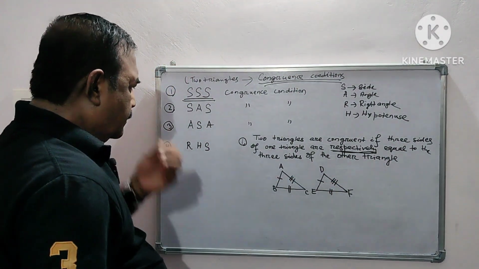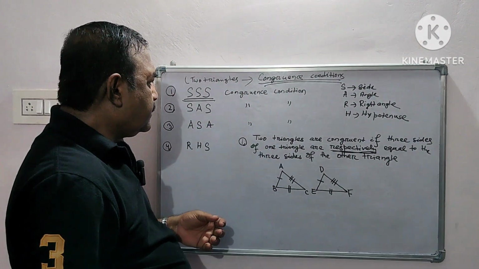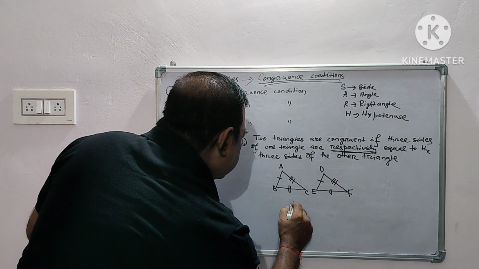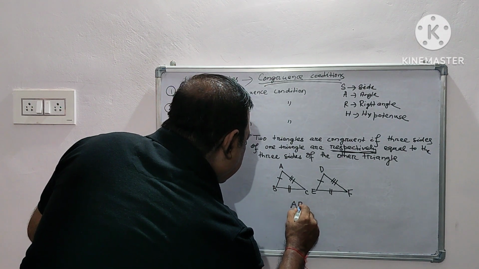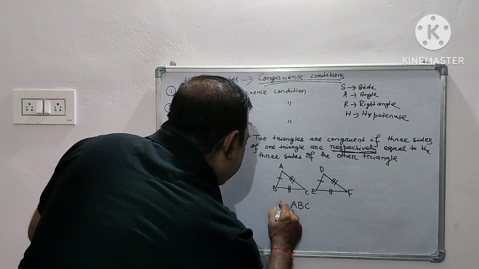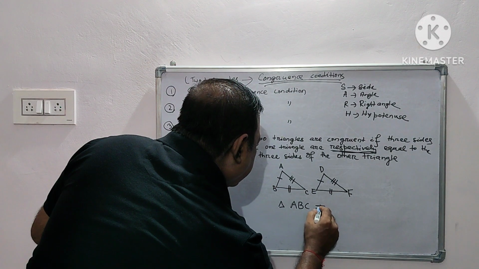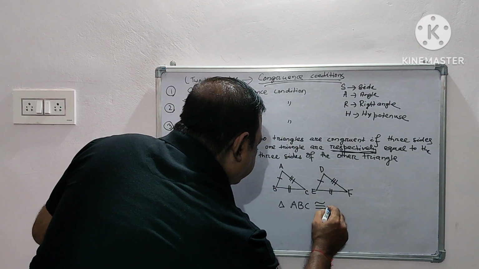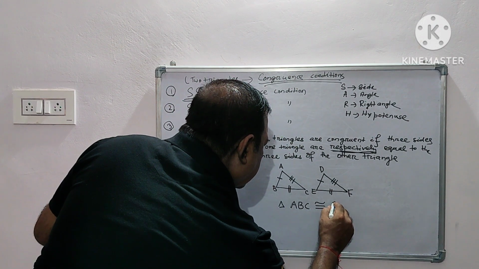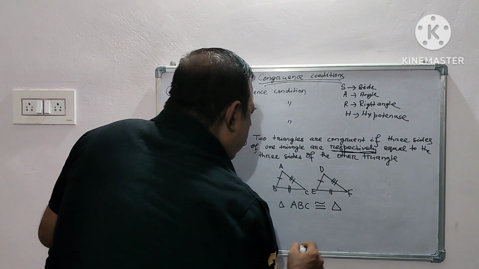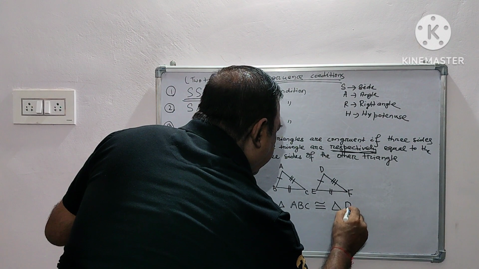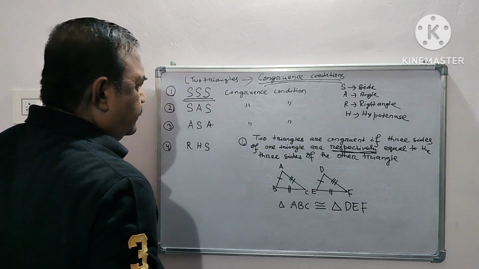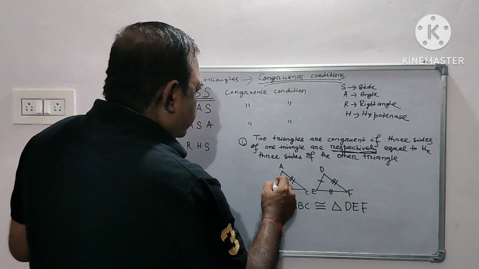So here we can write, triangle ABC is congruent to triangle DEF, because of the sides.